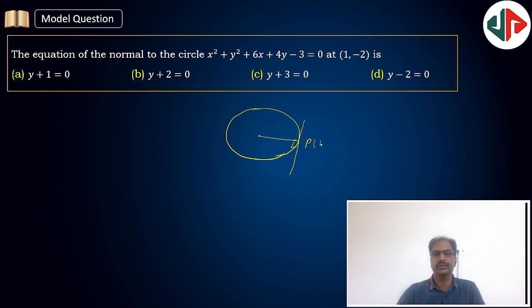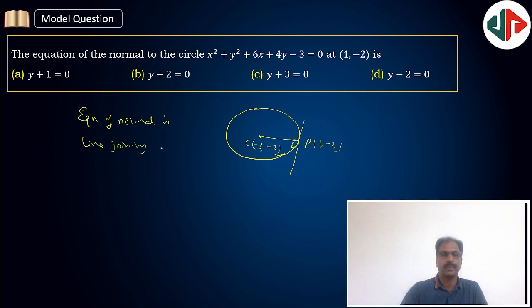This is the point 1, minus 2. This is the normal. Normal drawn at any point on the circle passes through the center. Center is minus 3 comma minus 2. Therefore, equation of normal is the line joining the points minus 3 comma minus 2 and 1 comma minus 2.